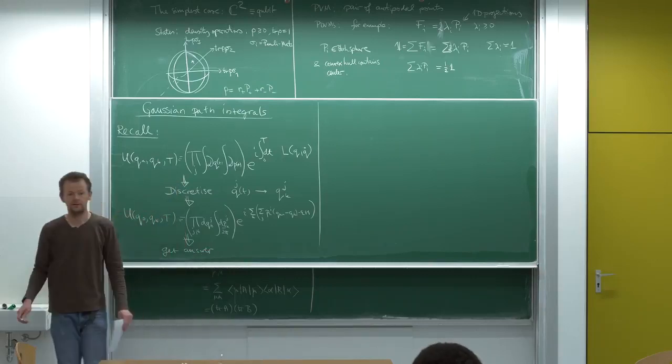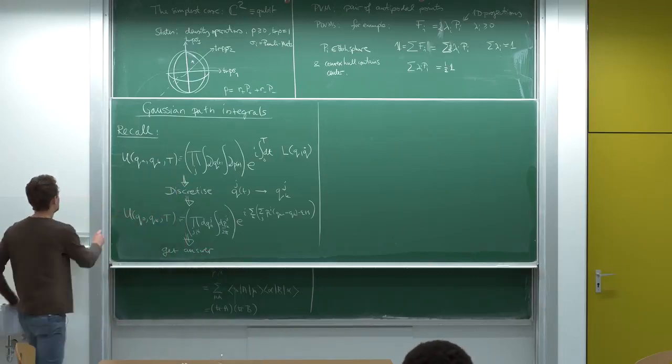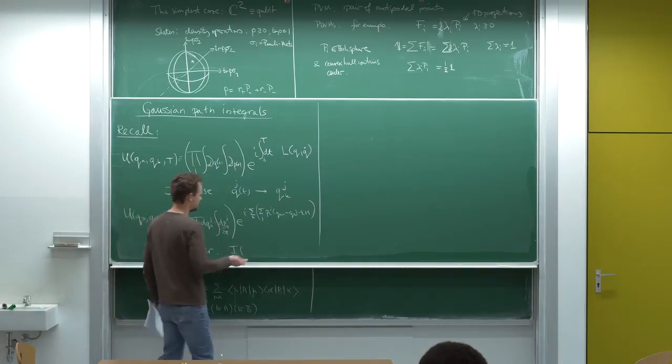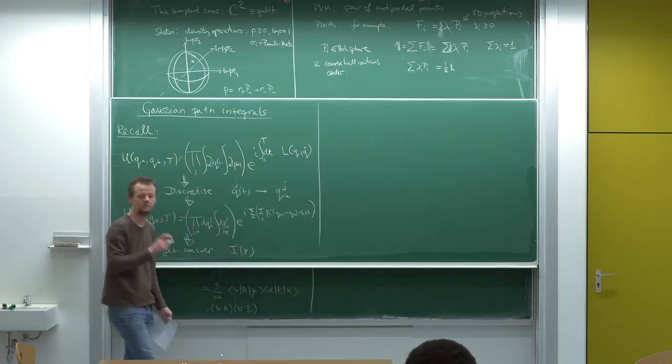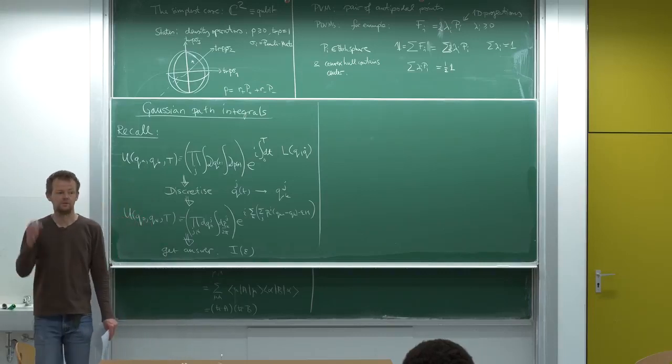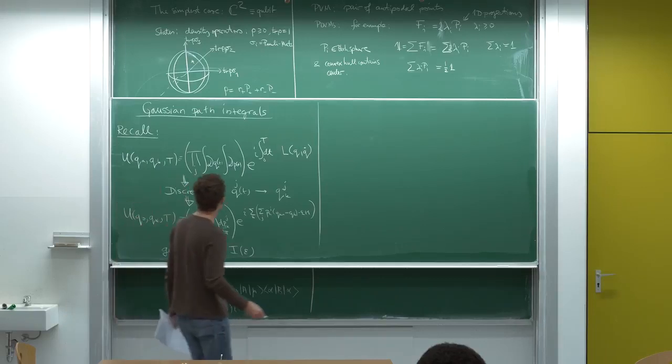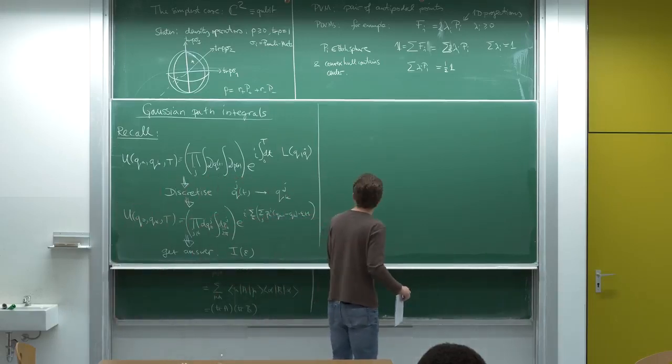And this answer that you get for this discrete thing is going to depend, we'll call the answer I, on epsilon, right? Because you've discretized this nice continuous path into a discrete path.